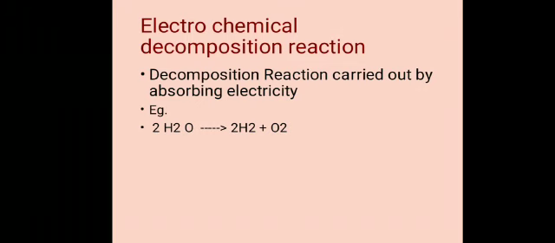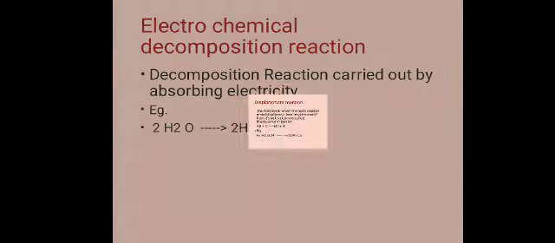Water, on passing electricity through it, splits and produces its constituent gases, hydrogen and oxygen. I think we remember the figure and the activity we have studied, the electrolysis of water. Okay. So that is the example we have to study for the electrochemical decomposition reaction.